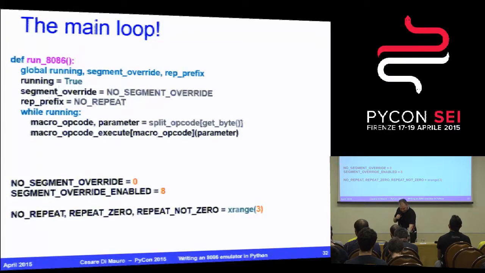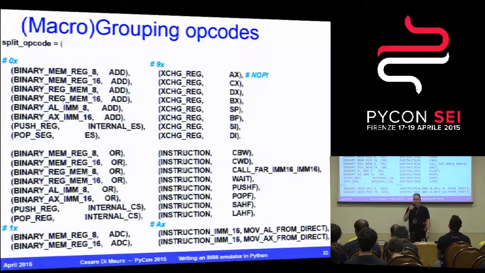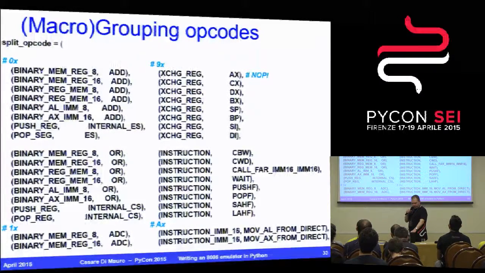The reason is this. If you take a look at the opcode table of that processor, we can see there are some patterns which repeat. For example, for the add instruction, we have some forms of that instruction. We have a binary one which takes one memory operand and one register, and it's 8-bit.